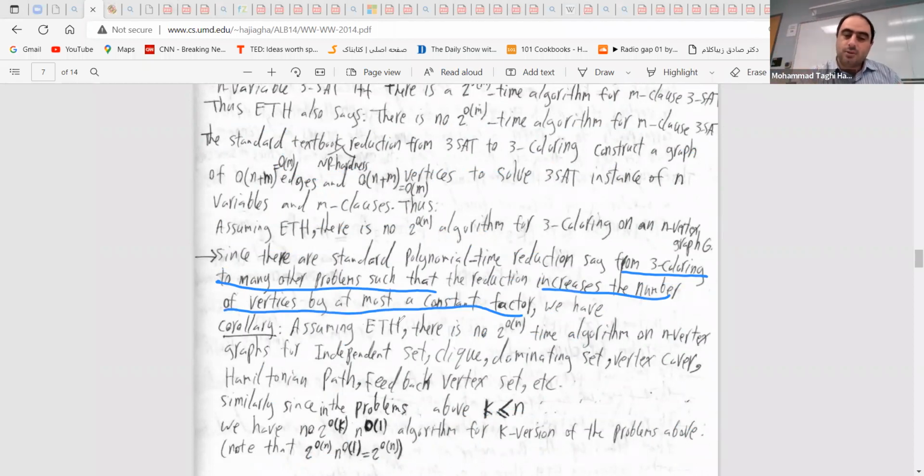So this is one more general corollary of that. These polynomial time reductions for NP-hard problems don't change the parameter and they increase the vertex size only by a constant factor. It means that assuming ETH, there is no 2 to the little o of n time algorithm for n-vertex graphs for problems like independent set, clique, dominating set, vertex cover, Hamiltonian path, feedback vertex set, etc.